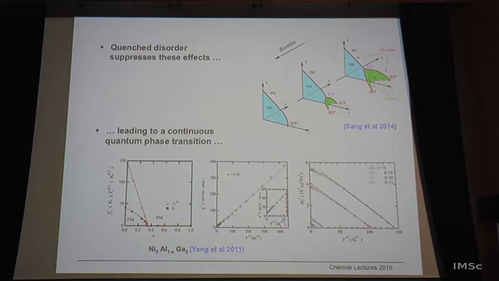But then you see, it's first order, right? So you can always go from this phase into that phase by going around. So it becomes semantics at some point. There's no symmetry being broken by going from here to there.